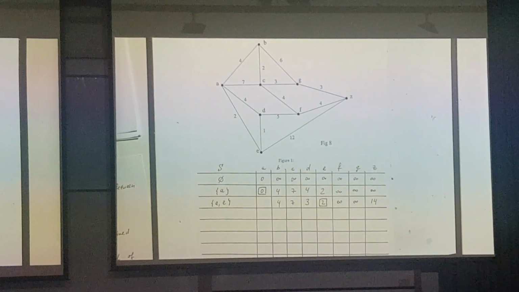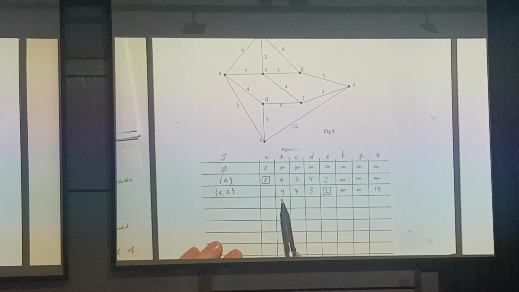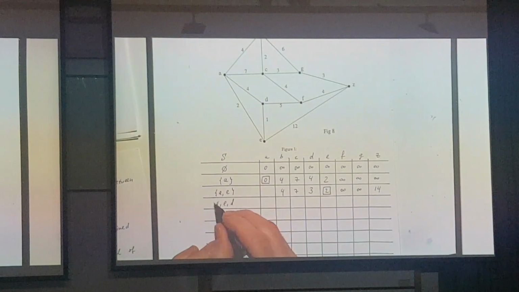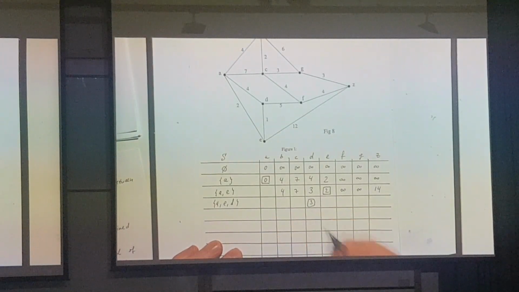Okay? And we repeat. So we now look at all of the unboxed labels and find the smallest one, which is 3, the label of D. So I put D into the set S, and I box it, just as a bookkeeping mark to remember that it's not going to change anymore.